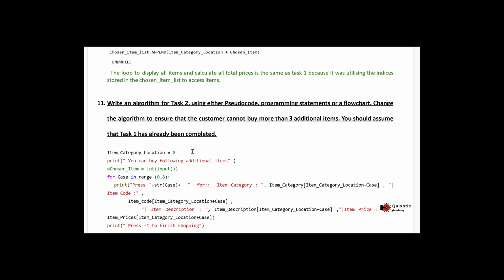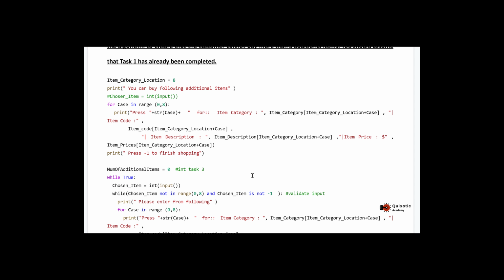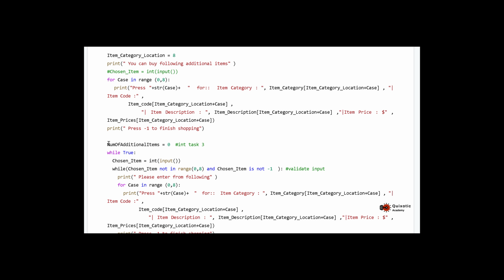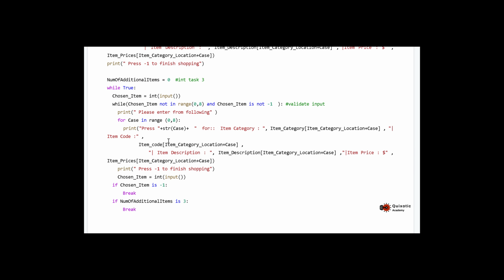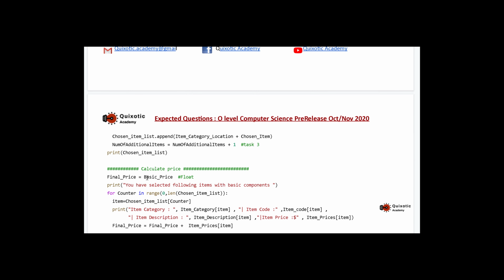So I have copied all the code of task 2 here. We are not going to change anything. This is after task 3 was also done, so we will have a variable number of additional items here, and we are incrementing this variable here. When an item is bought, we increment the number of additional items variable.